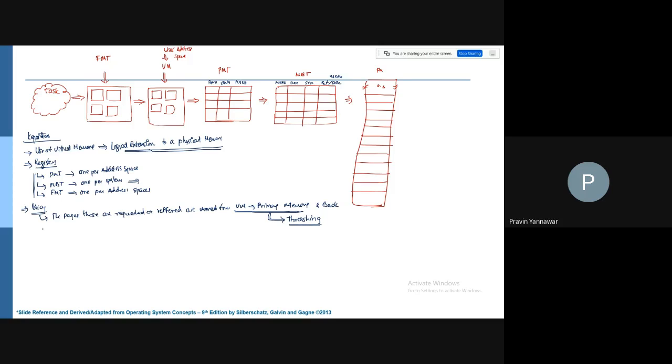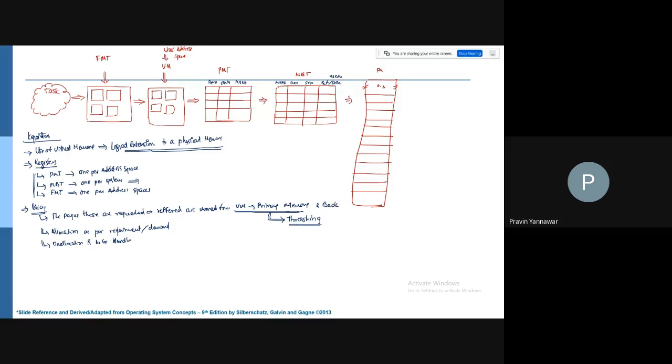Then as far as the policy is concerned, when the allocation is done as per requirement or demand, then the deallocation also has to be handled.